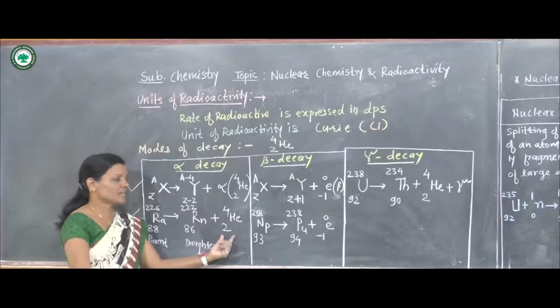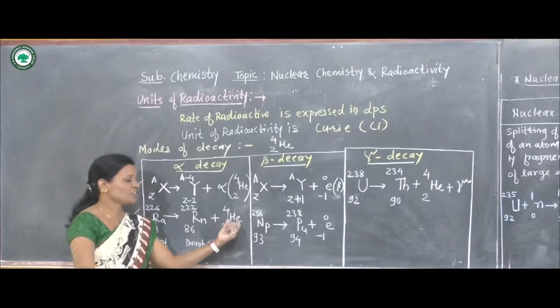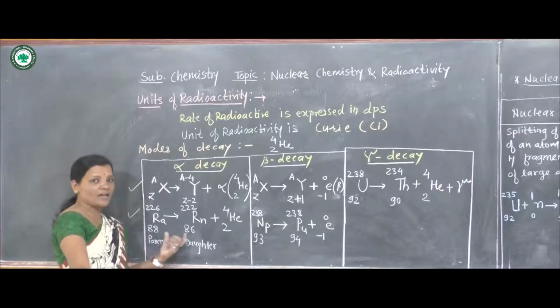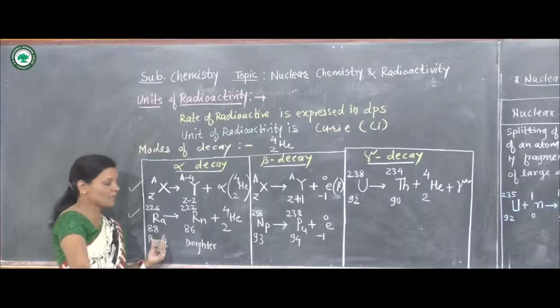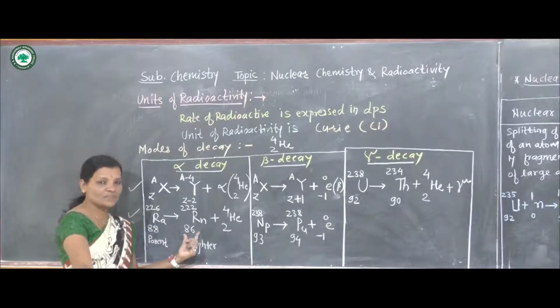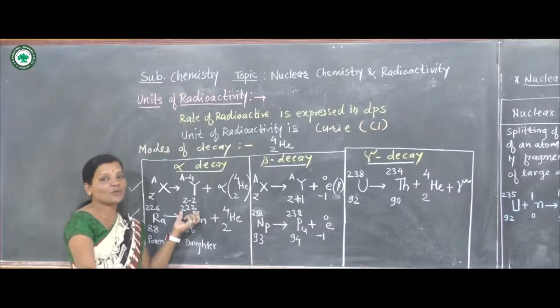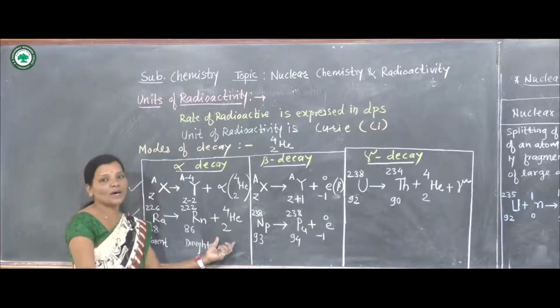Helium, the alpha particle, is emitted, having the symbol 2He4. Radon has atomic number 86 and radium has 88. The atomic number decreases by 2 units by the emission of an alpha particle, and the mass number 226 is decreased by 4 units, so the mass number is found to be 222 for radon.